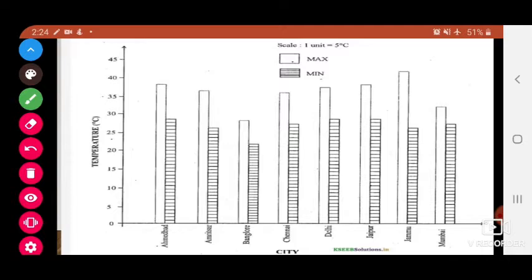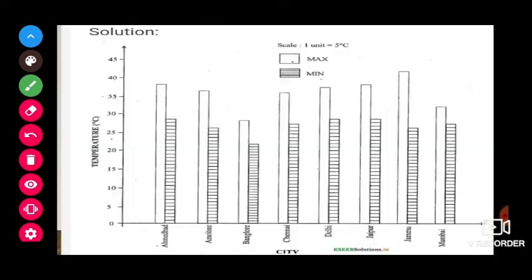The minimum is 26, so it will be in between 25 and 30, but very near to 25. So in an average way we will take the height of the bar at 25, a little bit nearer to 25. Okay. Next children, in the same way draw all the bars.